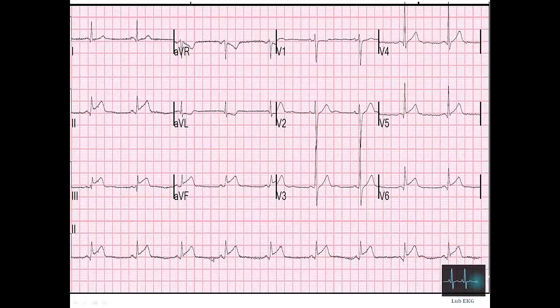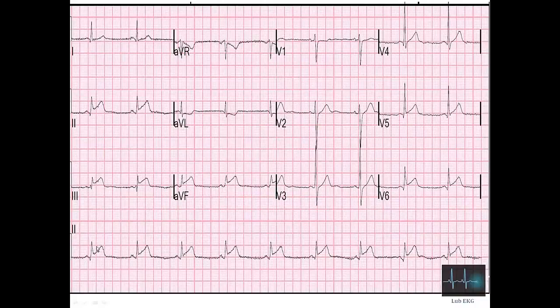The way we can find this out fairly quickly is that we count the big squares between the RRs, and you can only take one, because if there's irregularity in the RR complexes, just counting one RR interval will not give you the correct numbers.